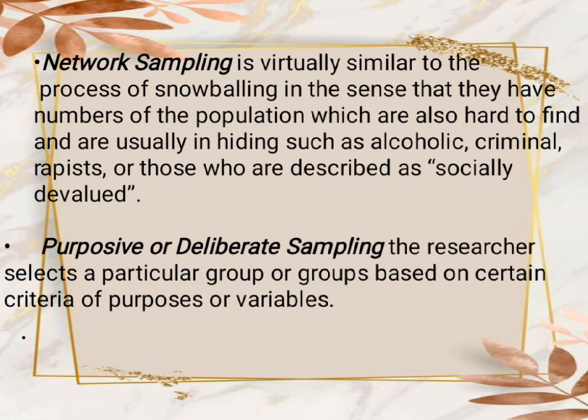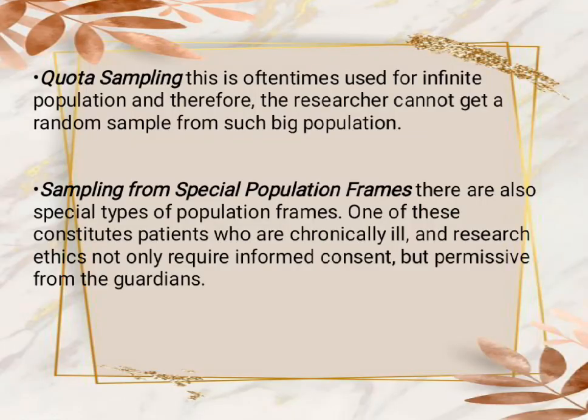Instead of asking all consumers in Metro Manila whether they agree with this or not, consumer leaders in different locations may be asked about it. This is a sampling with a purpose. Quota sampling. This is oftentimes used for an infinite population, and therefore the researcher cannot get a random sample from such a big population. Like the purposive sample, this is not a representative sample.